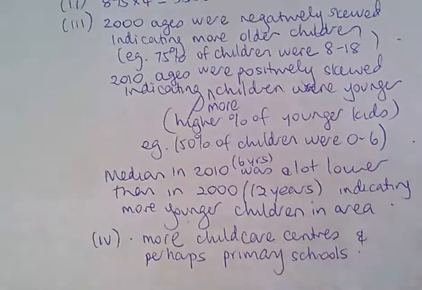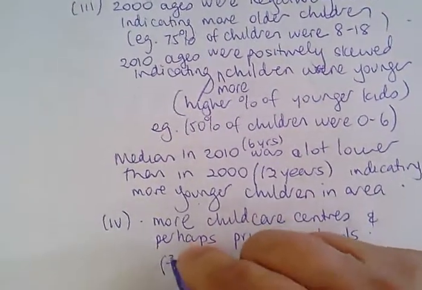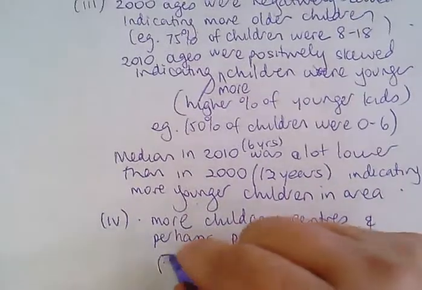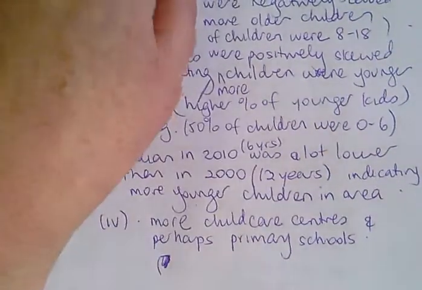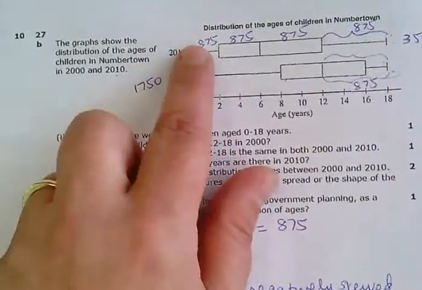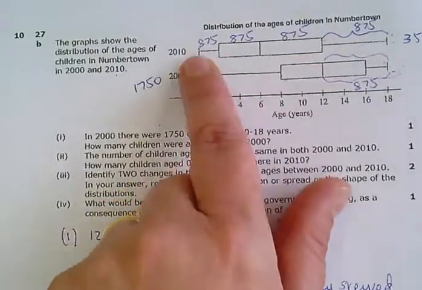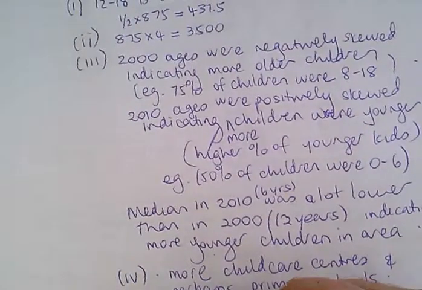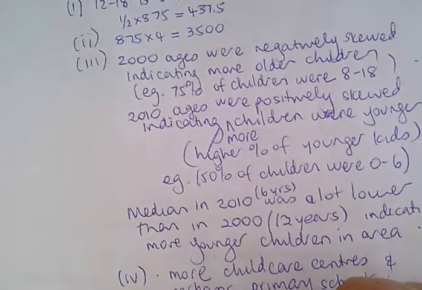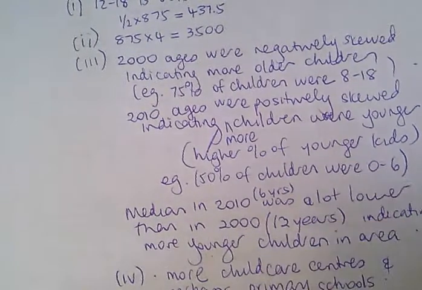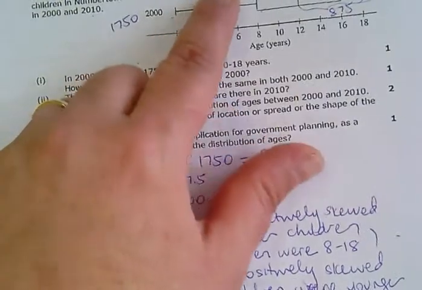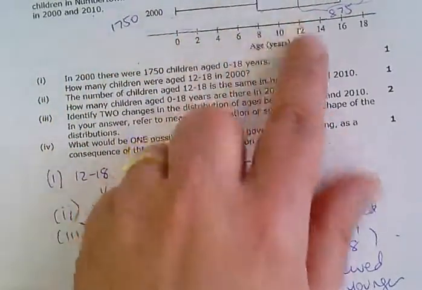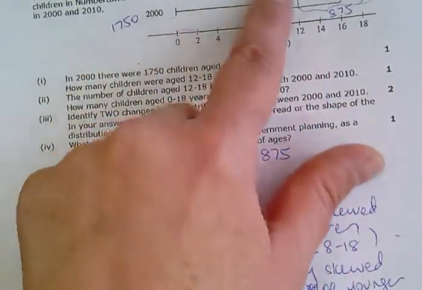Okay, so I could put that, you know, that it's not just the 75%, but look how many more kids. You could actually work it out. So I could actually work out numbers. In 2010 alone, there were 875 kids roughly from 6 to 12.